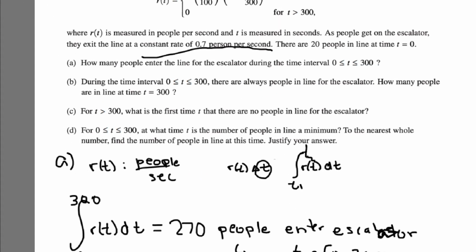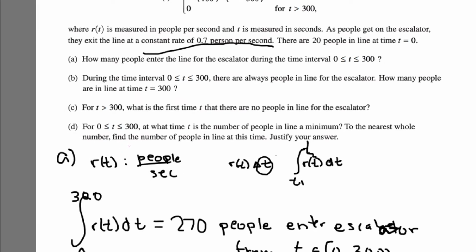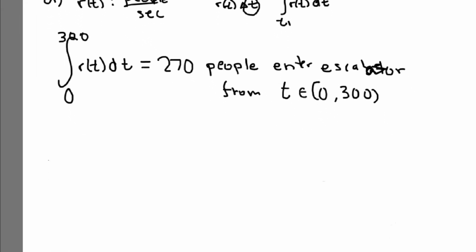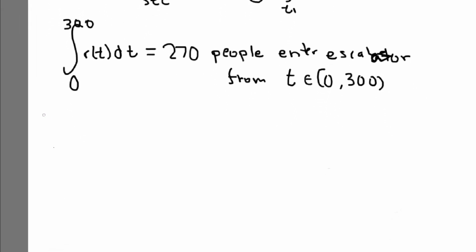All right, part B. During the time interval 0 to 300, there are always people in line for the escalator. How many are in line at time equals 300? So it's kind of the continuation of part A. So again, calculation, not that important, but the model is very important. So we want to know at 300, what are the net number of people on the elevator?